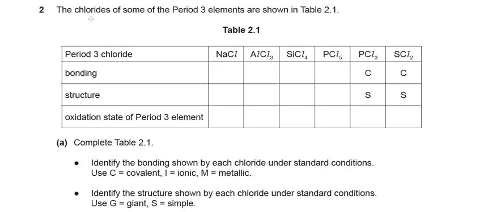It says that the chlorides of some of the period 3 elements are shown in table 2.1. So we see sodium chloride, aluminium chloride, silicon chloride, or even we can say silicon 4 chloride, phosphorus pentachloride or phosphorus 5 chloride, phosphorus trichloride or phosphorus 3 chloride, and sulfur 2 chloride or sulfur dichloride.